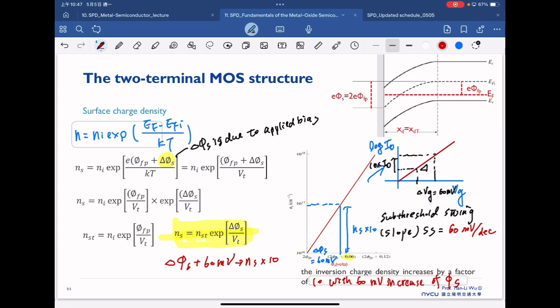Where this number is coming from is actually this slide. That's why we have the theoretical estimate that an additional 60 millivolt of gate bias can cause a 10 times increase of current. So most advanced transistors nowadays just try to lower the SS to be as close to 60 millivolt per decade as we can.